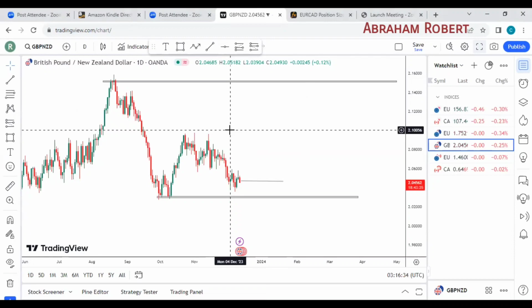In the previous lecture, we spoke about the position size calculator. I showed you how to calculate position size, and I also told you the importance of calculating it so that you can know what you are risking per trade.